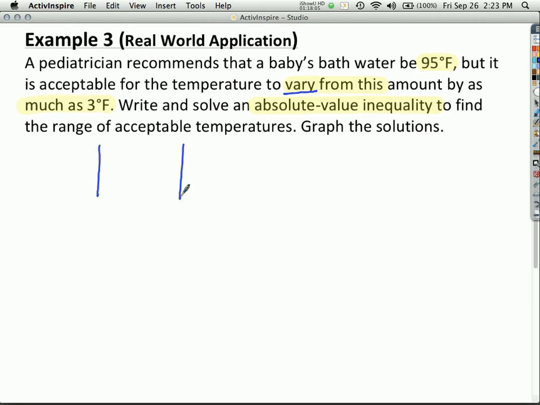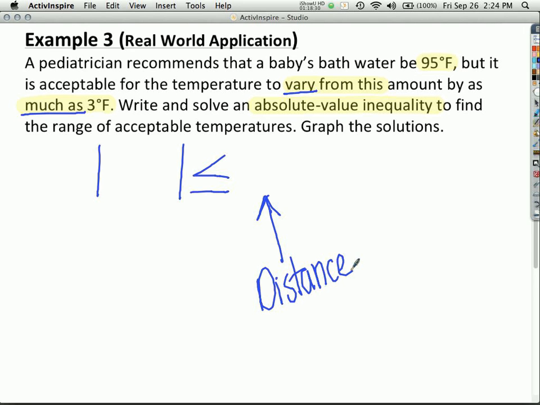An absolute value, we're going to put something inside here. We're going to either have this symbol or this one. It kind of depends on these words. And then we're going to put a number right here. And here's how it works. The distance always goes right here. That's going to be the distance away. Right here is going to be what's called the given number.